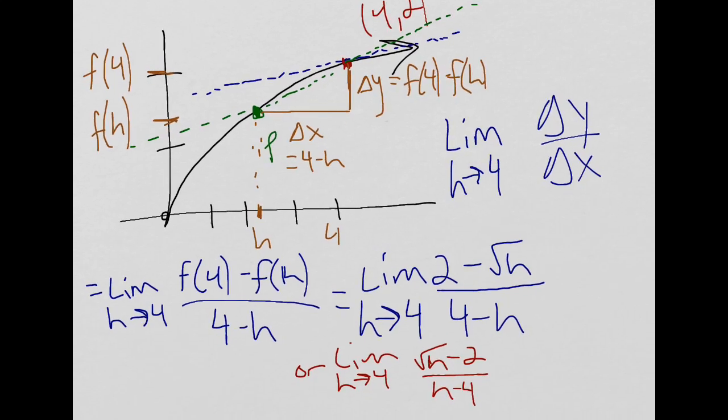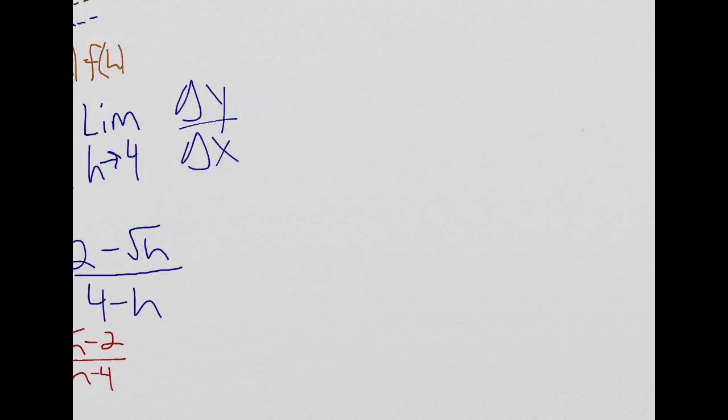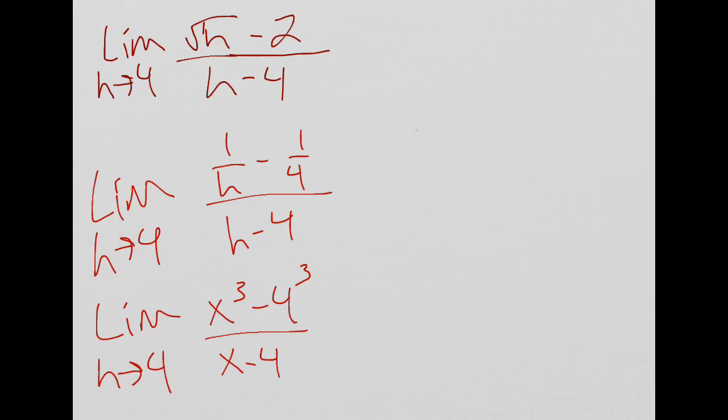I'm going to show you what a couple others would look like. So I included the original top one. Remember, this was f of x equals root x, and I was looking for the derivative at 4, so I'd write that f prime of 4.